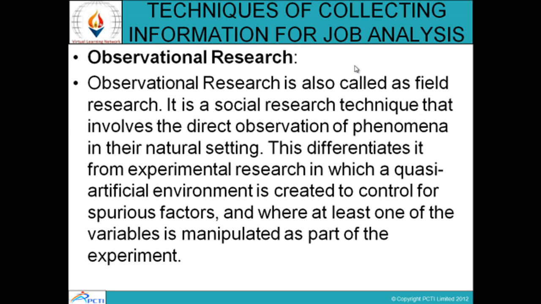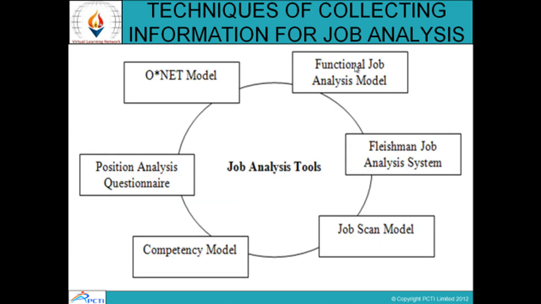So this is always related to the observational part. When you observe many things, it is more toward research techniques that social researchers perform. It is about understanding phenomena in their own setting, with direct observation, whereas experimental research takes place in an artificial environment. So that is basically observational research.